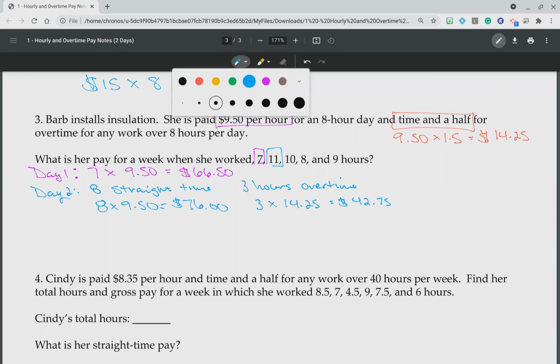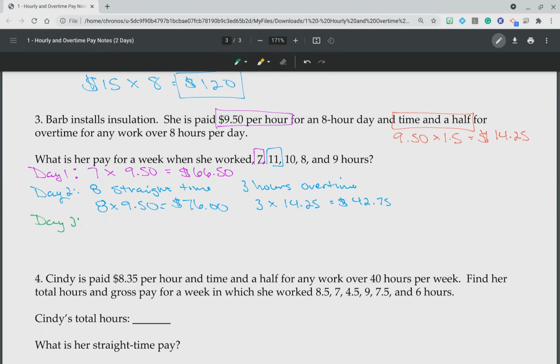All right, let's look at day 3. She worked 10 hours. So that would be 8 hours straight time and 2 hours overtime. So I'm going to take 8 times $9.50 again, which will give me the same thing, $76.